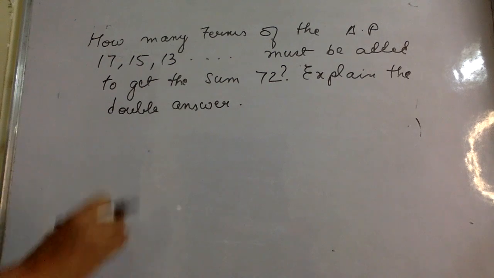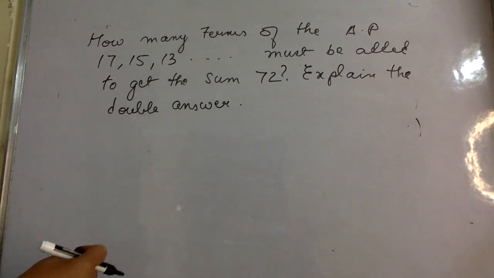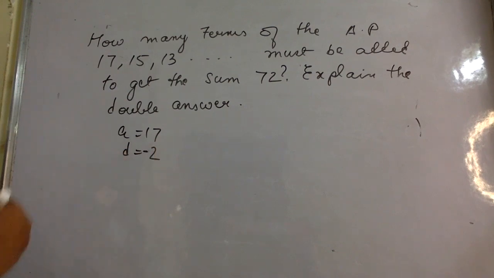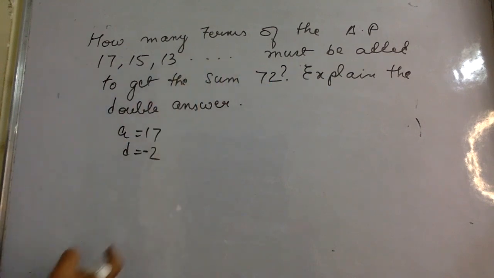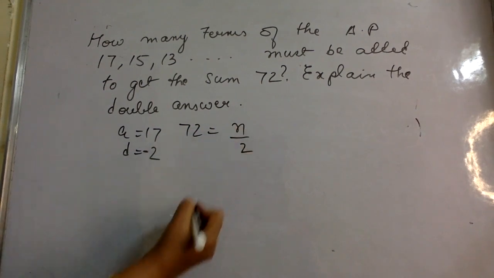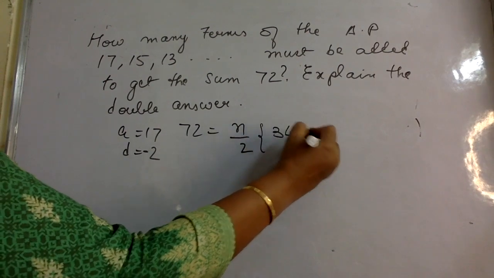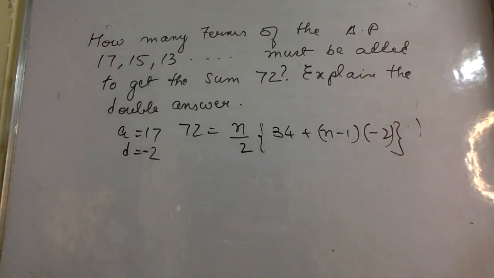Here is a question: how many terms of this AP must be added to get a sum of 72? Clearly a is 17 and d is minus 2, isn't it? With these values we have to find when the sum comes to 72. So 72 is equal to n by 2, because we are trying to find the value of n, which we don't know, times 2a plus n minus 1 times d. 2a is 34, plus n minus 1 and d is minus 2.